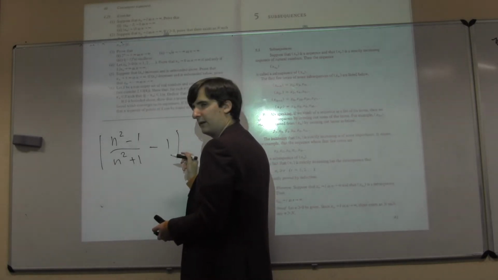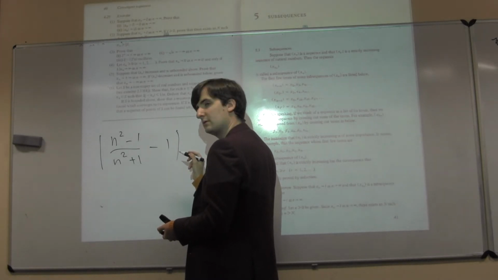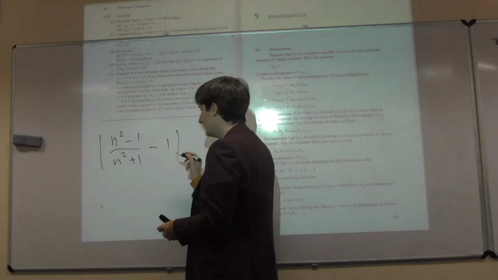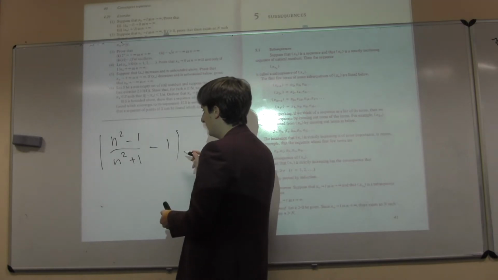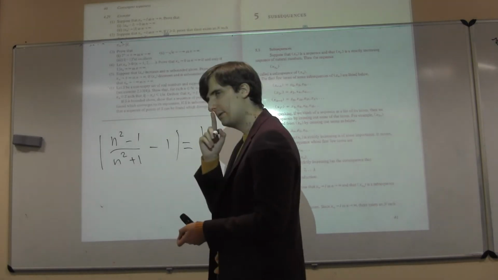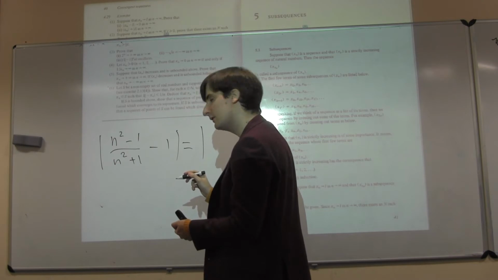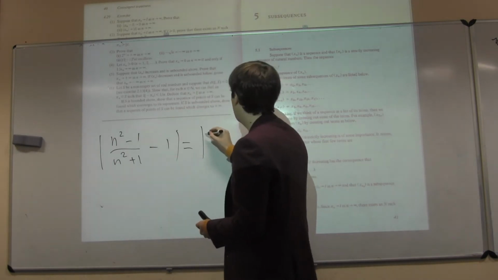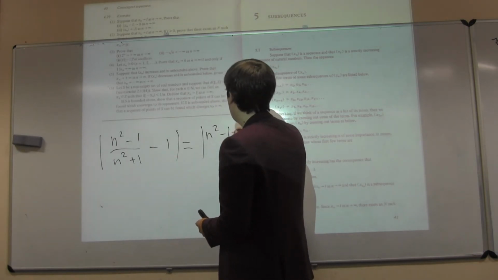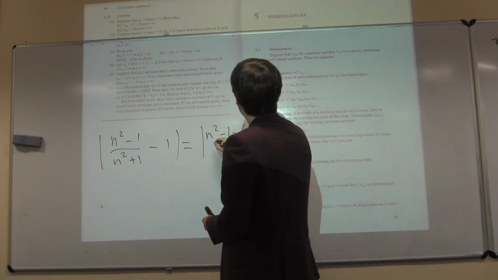And then what was the next thing you tried to do? I just continued to do all the calculations inside. But what was your next calculation? So n squared minus 1 minus n squared plus 1.